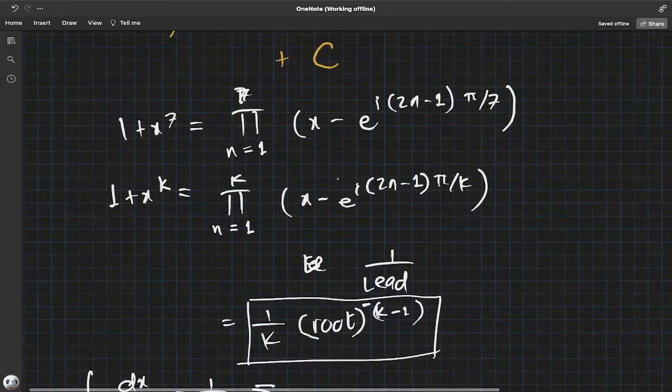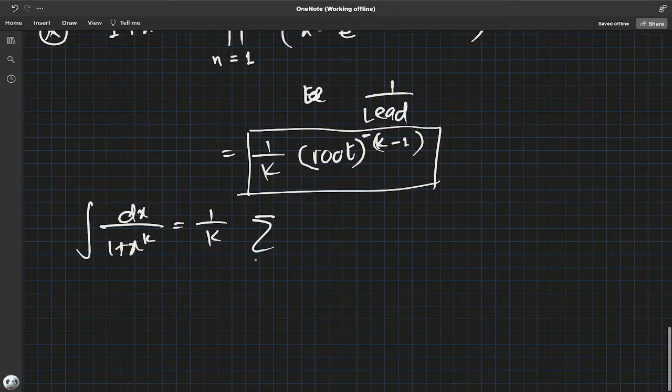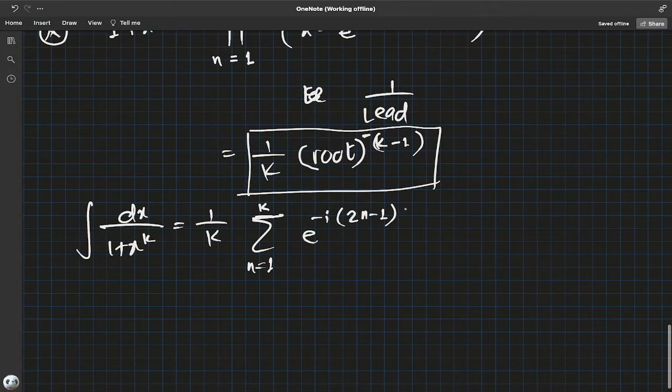And we know what the roots should look like because of this factorization here. What we now have to sum, because of partial fraction decomposition, we converted a product in the denominator into a sum, n equals 1 to k. We have e to the negative I, 2n minus 1 pi over k.